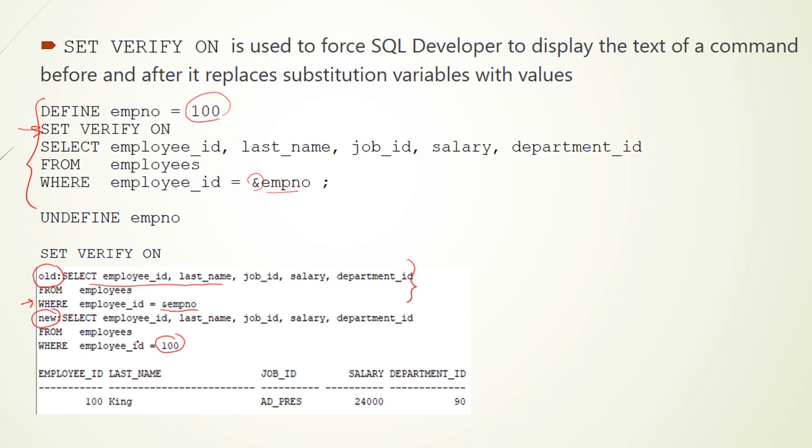So SET VERIFY ON means display the text of a command before replacing the substitution variables with values, as in the old, and then display the select statement after replacing the substitution variable with values, and then return the output of the select statement to the end user.